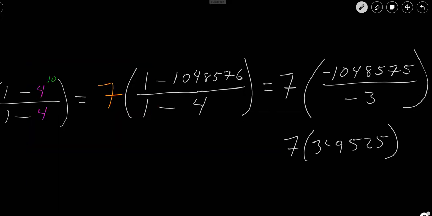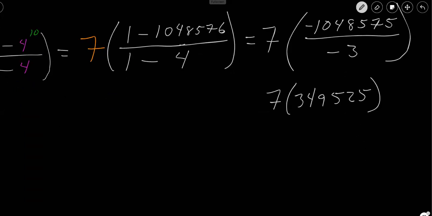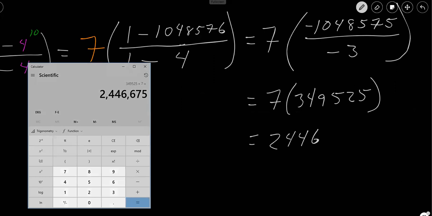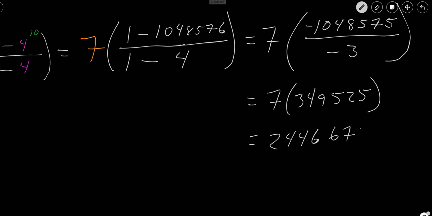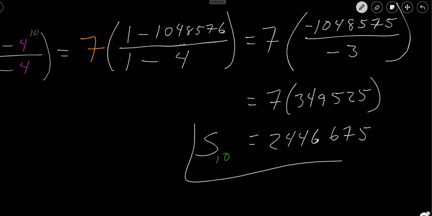That'd be a difference. 349,525. I'm going to multiply that by 7, 2,446,675. And there's my answer. So the sum of the first 10 terms of the sequence is 2,446,675.